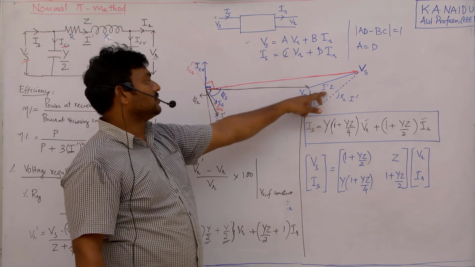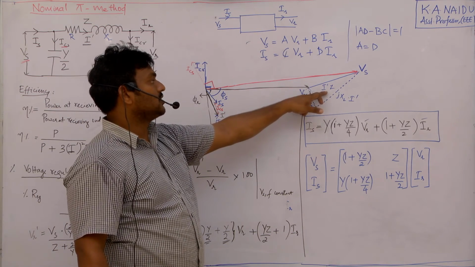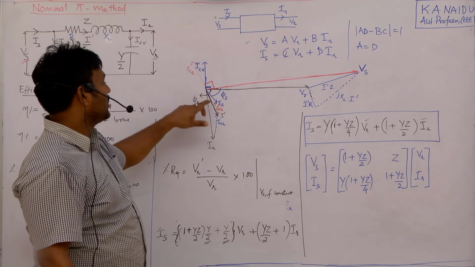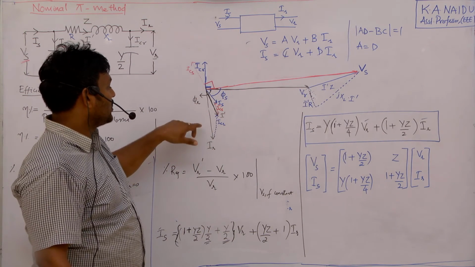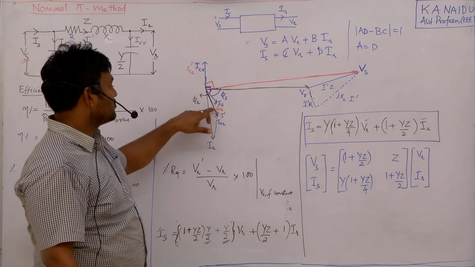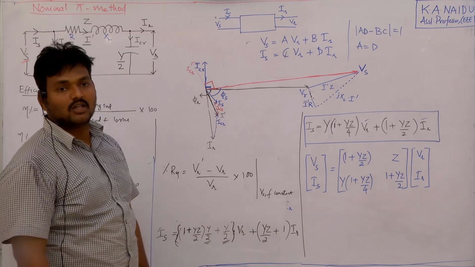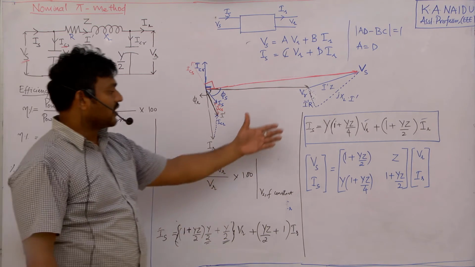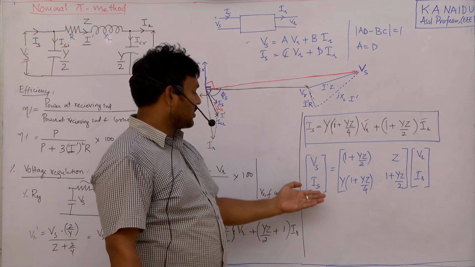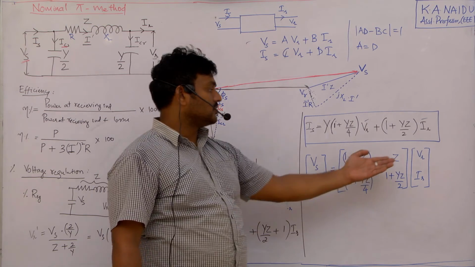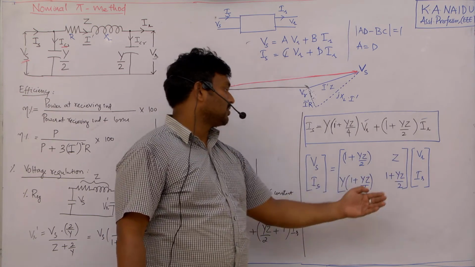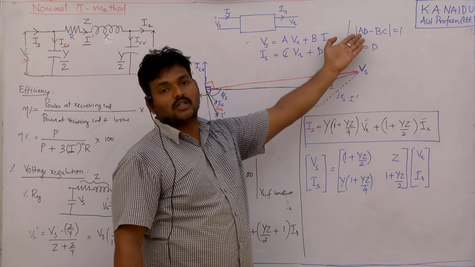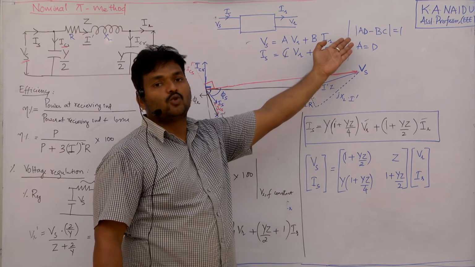You add the impedance of the series branch, and you get the sending end voltage and the sending end current. Similarly, using KCL equations, derive the relation between currents and represent them in the phasor diagram. Further, you solve the equations and finally you get the sending end current and voltage in terms of receiving end voltage and current, and the ABCD parameters which satisfy the given condition for two-port networks.